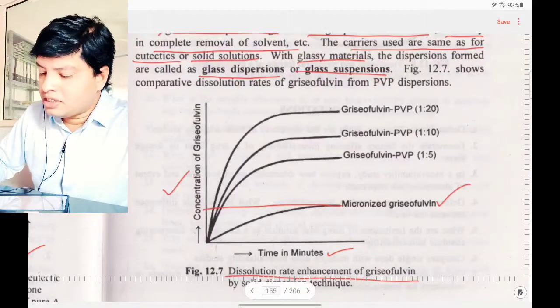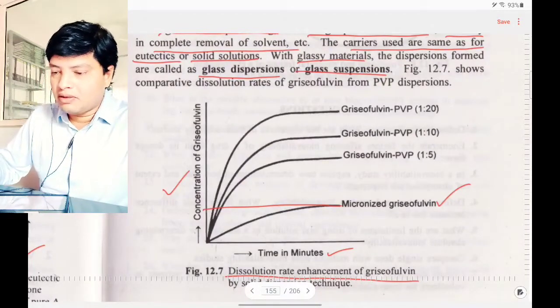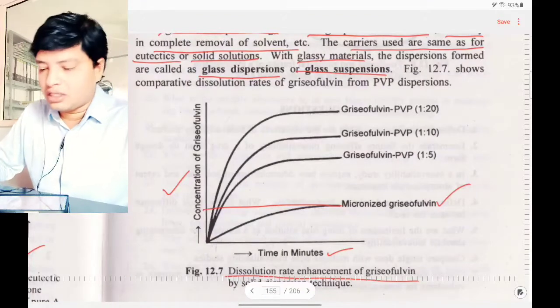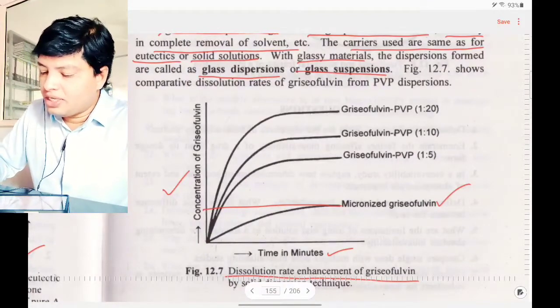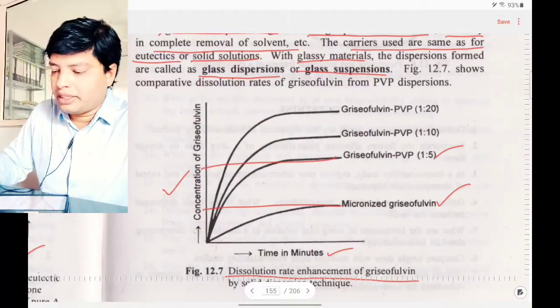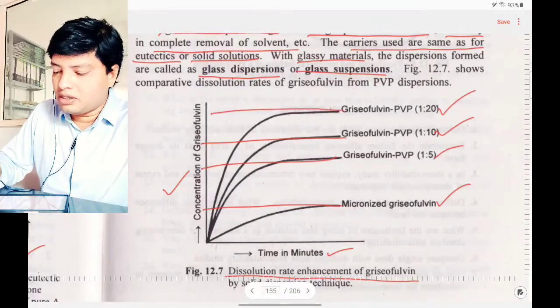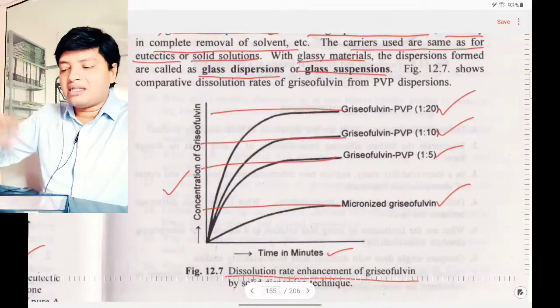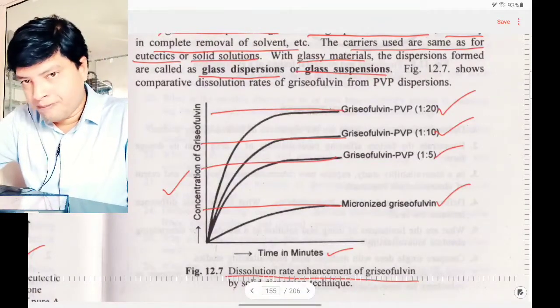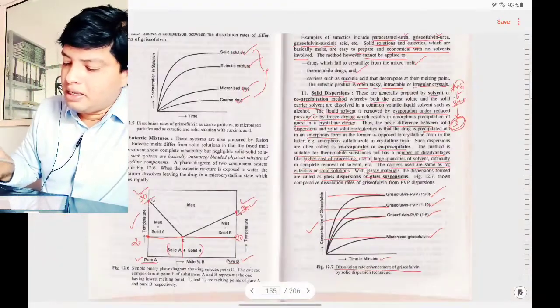If you use griseofulvin with PVP, forming solid dispersion, glassy materials, or we can say glass suspension or glass dispersion, if the ratio is 1:5, this is the concentration or solubility. The ratio 1:10, this is the concentration, 1:20, this is the concentration. So what we are observing here is, as the ratio of PVP increases, the solubility of griseofulvin also increases in a dissolution medium.